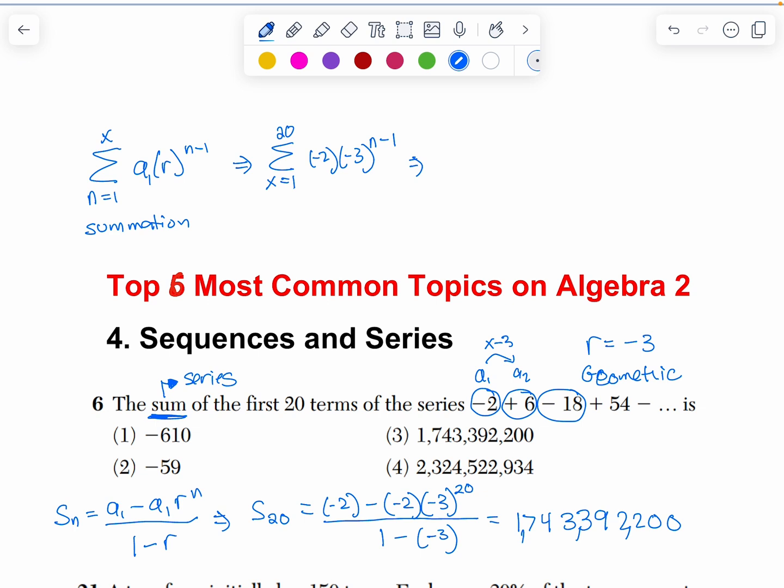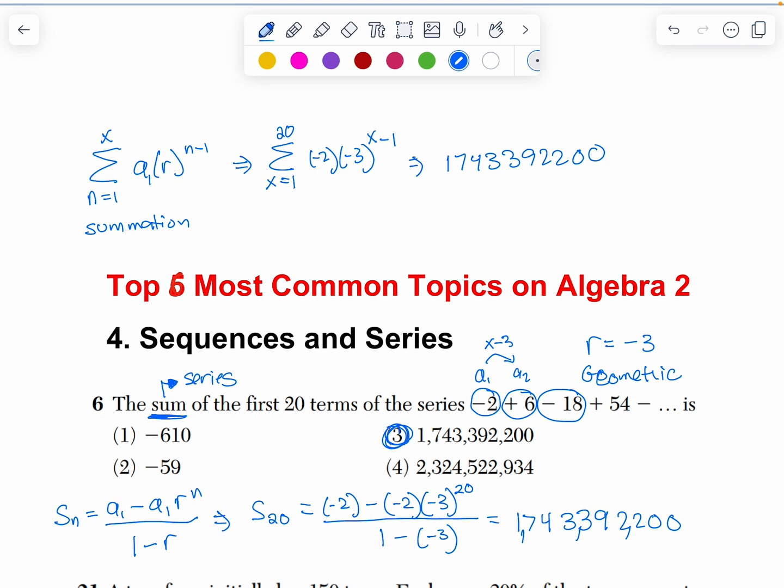Another parentheses for negative 3, close it. Raise that to the x minus 1. That should be an x if I'm using, we need to stay consistent. And make sure the parentheses ending the summation falls after that exponent. Okay? And if you've typed it incorrectly, you should get the exact same value, which is option number 3.